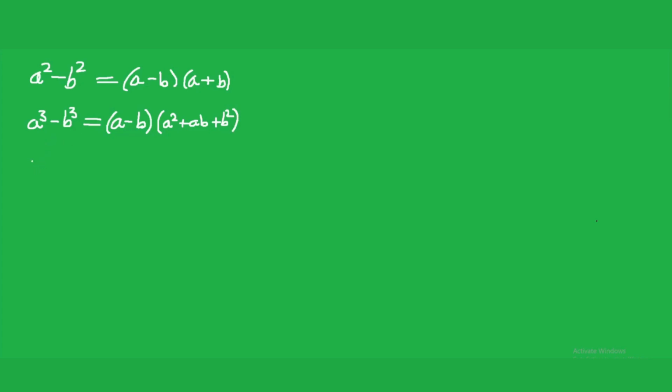I'm going to do one more here. So we're going to do a to the fourth minus b to the fourth, and this is going to be a minus b. You might see a pattern here, hopefully. If not, I'll explain it in a moment.